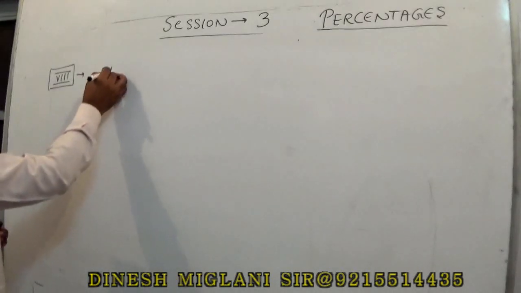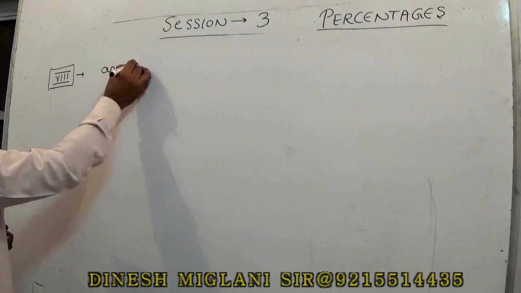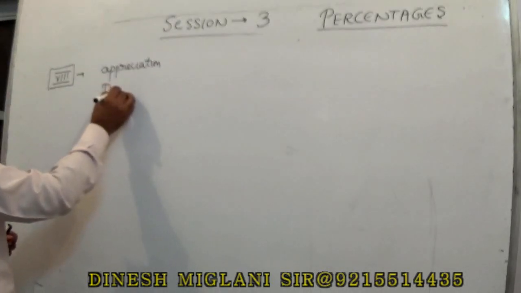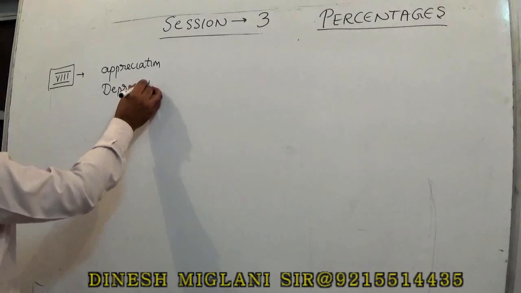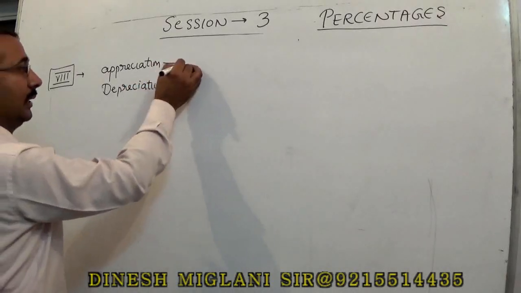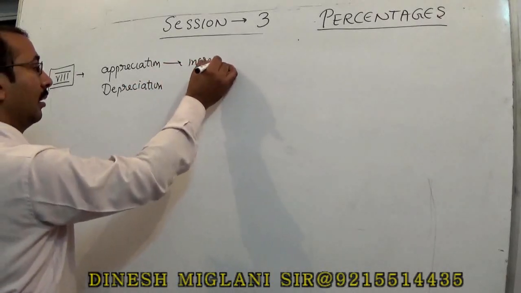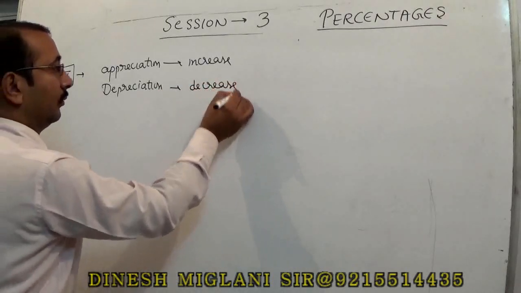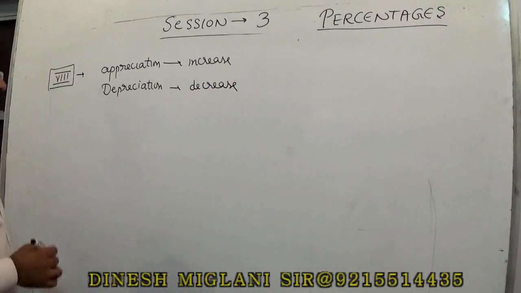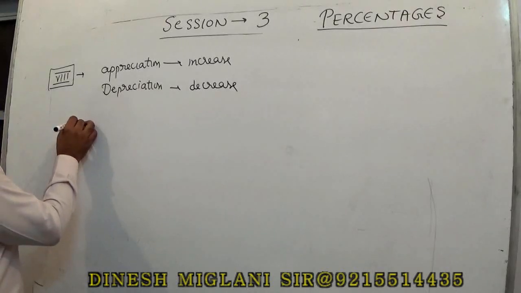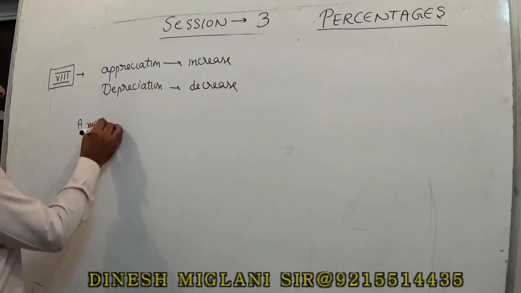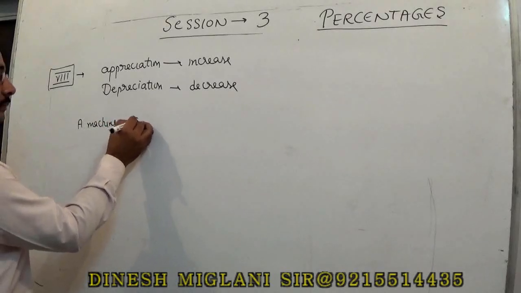Sometimes we use the term appreciation or depreciation. Appreciation means increase and depreciation means decrease. For example, it is given that a machine was purchased for rupees 5 lakh.